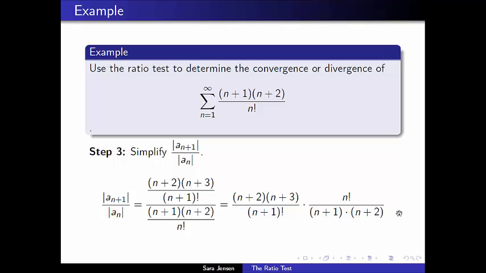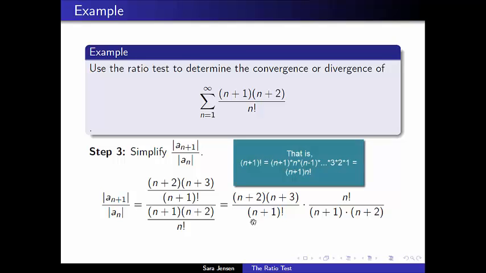So the goal at this particular stage is to identify as much as possible right here in these fractions being multiplied to cancel. Now factorials come up a lot in the ratio test, and the trick that we want to use with factorials so that we can notice the canceling is a trick we've seen before: when we have something like n plus 1 factorial, we can rewrite that as n plus 1 times n times n minus 1 times n minus 2, and so on.